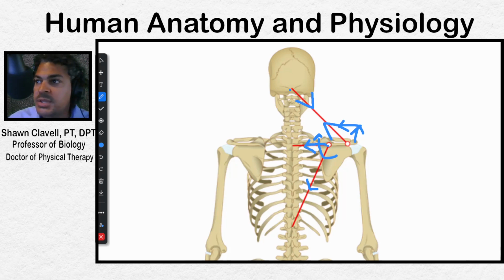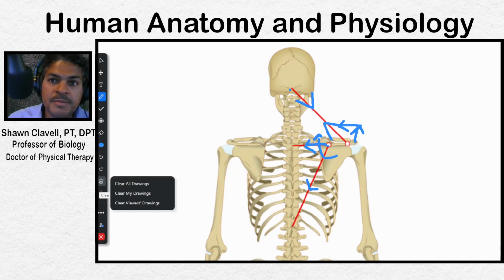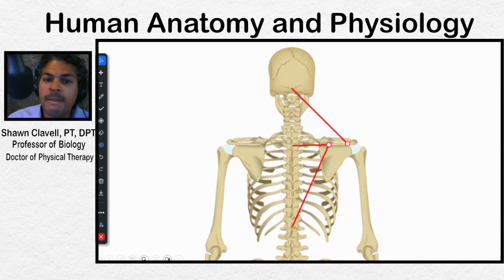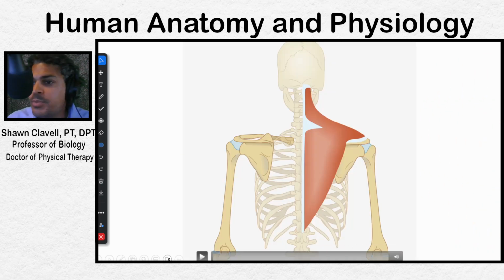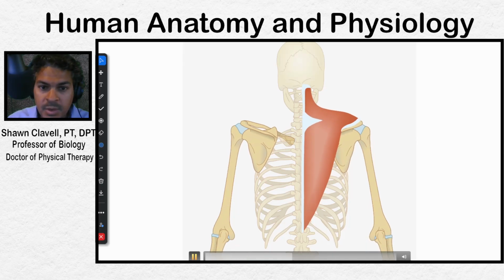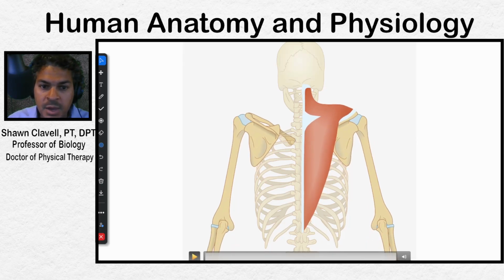So again, we could take a look at that here real fast. So this might be the actions here of, let's see, I'm not even sure. The upper fibers, right?